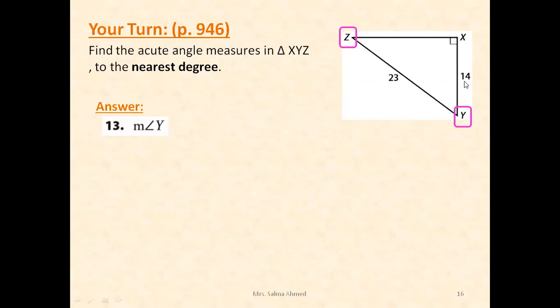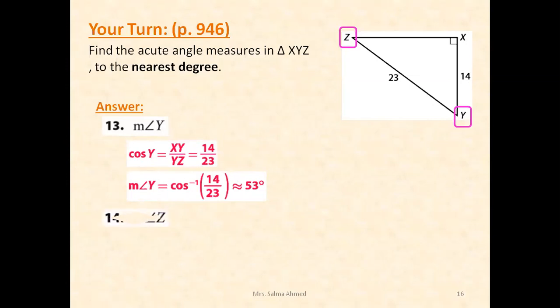What's the relation between the 14 and Y? It's the adjacent. So here I'm going to use cosine Y equals 14 over 23, which is adjacent over hypotenuse. If I need the measure of angle Y only, I'm going to move the cosine to the other side as an inverse. It will be cosine negative 1 of 14 over 23. Using your calculator, it will be approximately 53 degrees to the nearest degree.